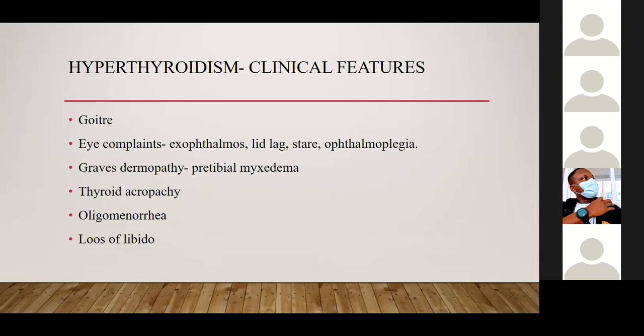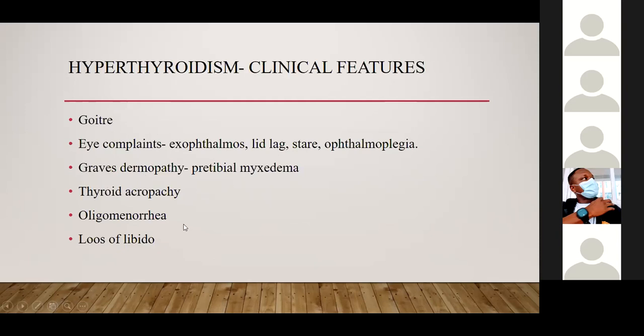Then they have what we call thyroid acropathy, where their hands also swell. The goiter, eye complaints, Graves' dermopathy and thyroid acropathy are common in Graves' disease, and it's because of infiltration of a sugary substance, a glycosaminoglycan, which infiltrates the body tissue and then it becomes puffy. You will see pictures shortly.